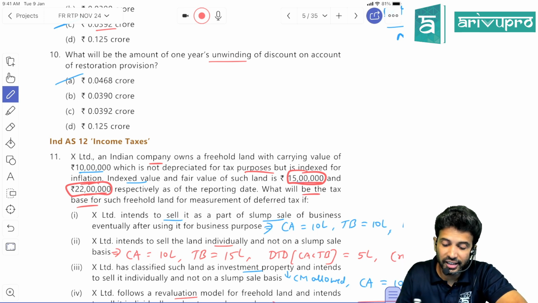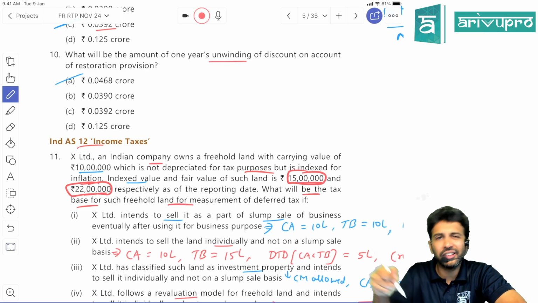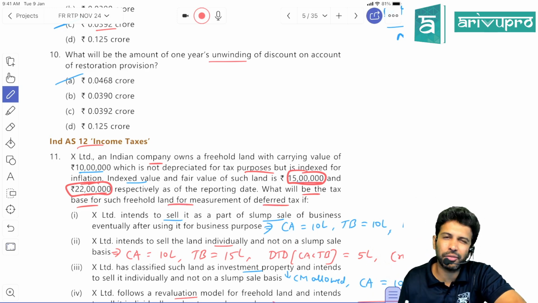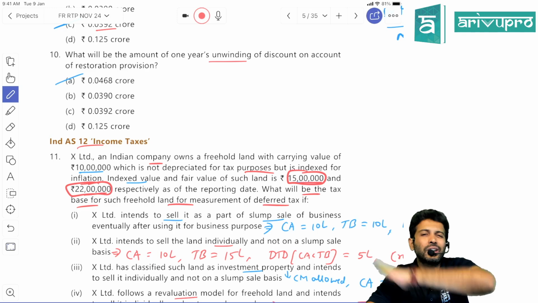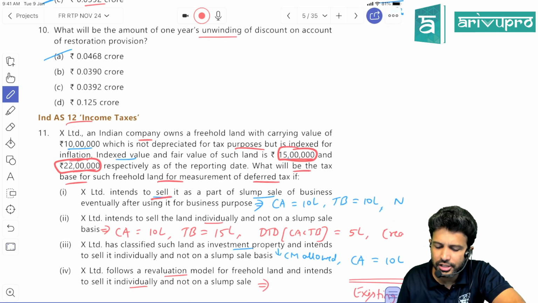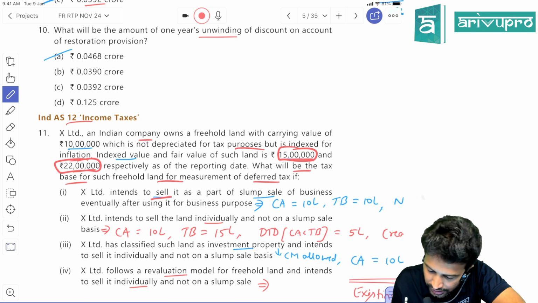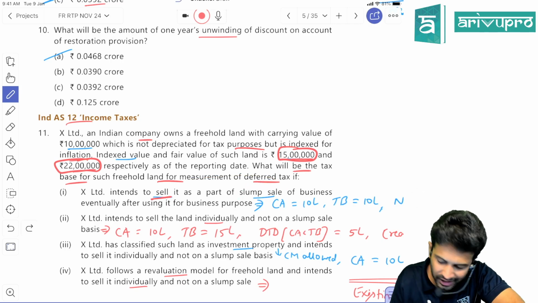So this is an Ind AS 12 income tax question. They're asking the tax base under different scenarios for the measurement of deferred tax. They're not asking you DTA or DTL, they're specifically asking what the tax base is under all the scenarios. X Limited intends to sell the freehold land as part of a slump sale of a business.